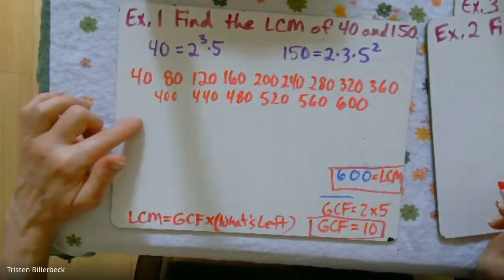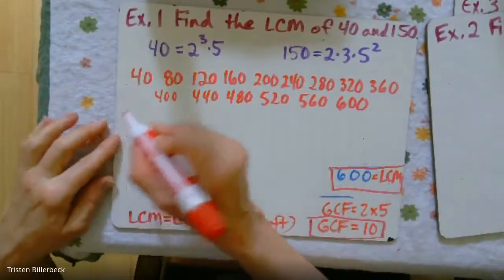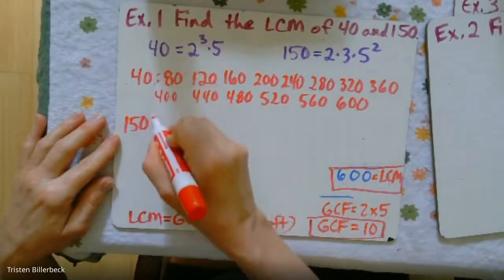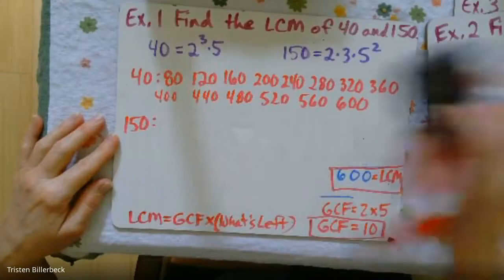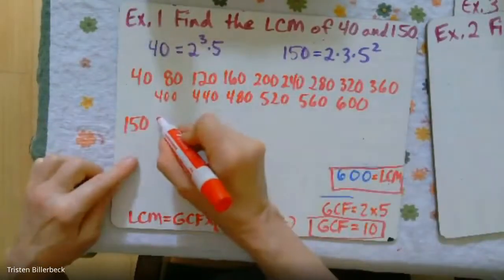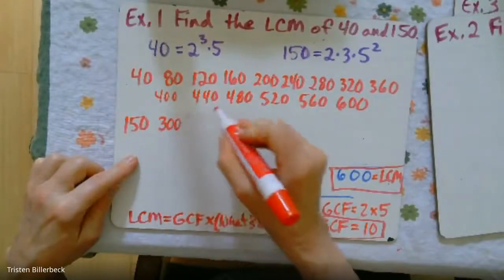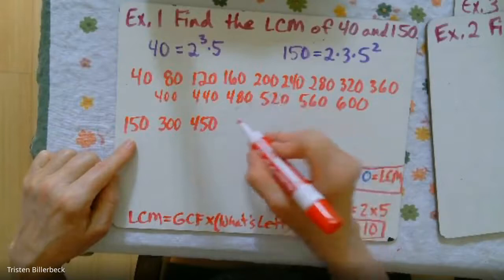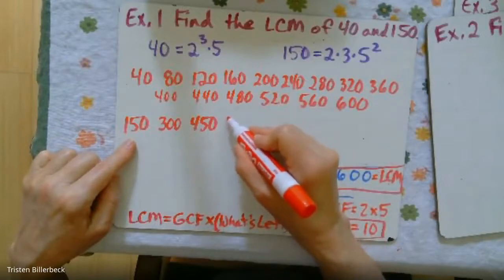Okay, so now let's look at 150. The next multiple is 300 when we multiply it by 2. When we multiply it by 3, it's 450. When we multiply it by 4, it's 600.